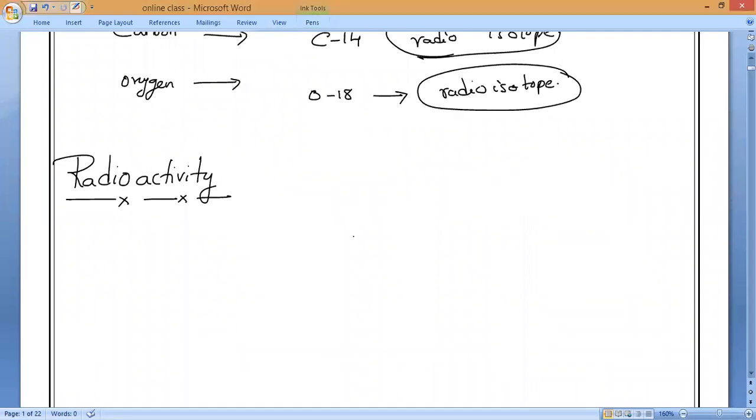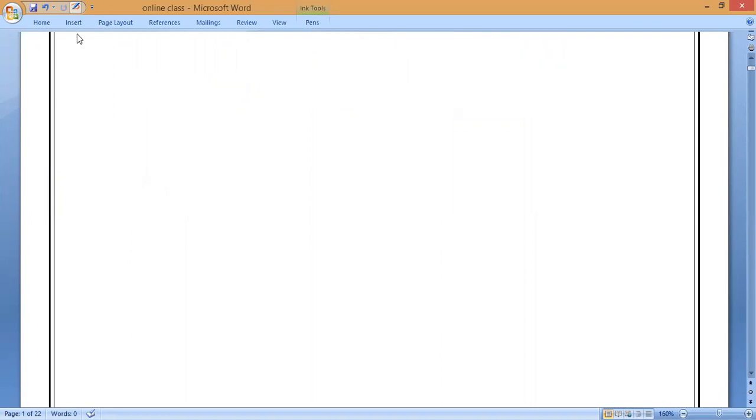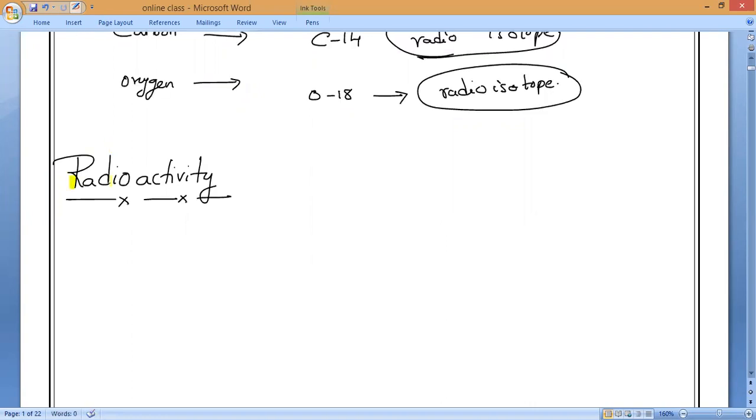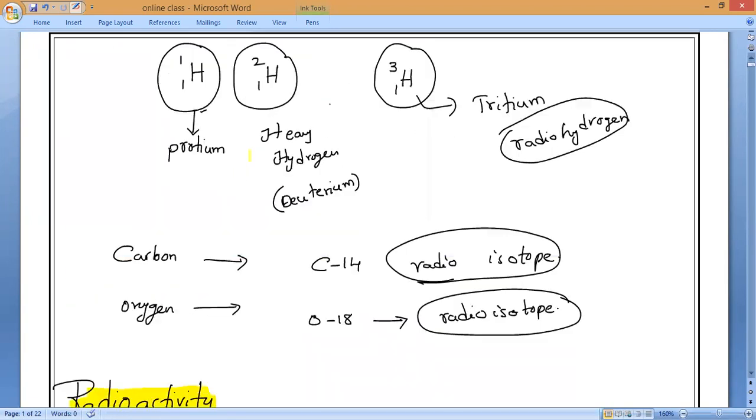Now, before we come to the uses of radioisotopes, as I told you, we need to know the meaning of the word radioactivity. So observe very carefully. Isotopes, what is the difference, guys? What is the only thing varying among all the isotopes?